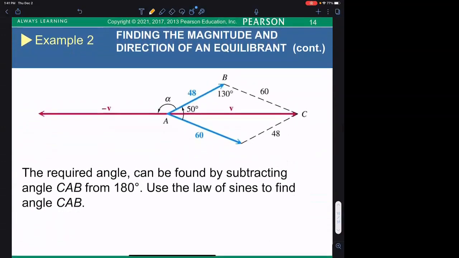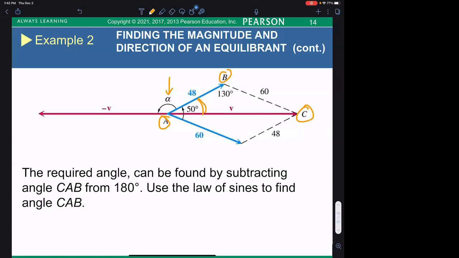So the required angle, again, we're talking about this angle alpha here, which goes from the blue 48 Newton vector over to the one that cancels everything out. The required angle can be found by subtracting angle CAB. So here's C, here's A, and here's B. So this angle here is angle CAB.